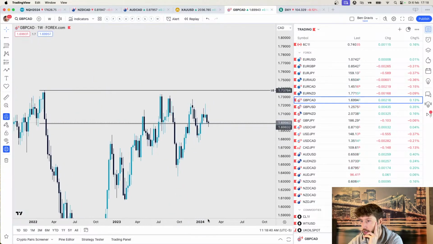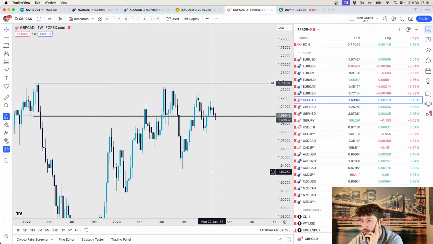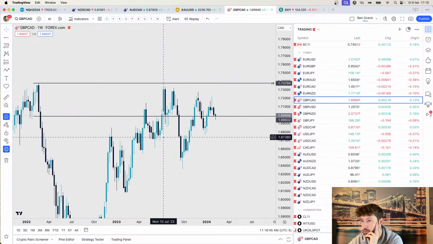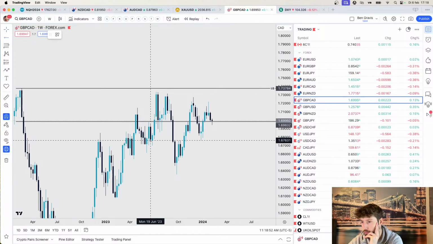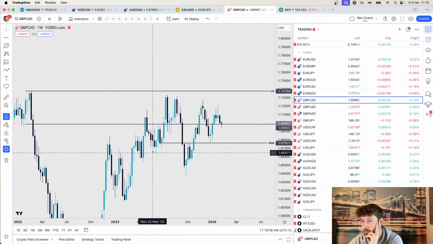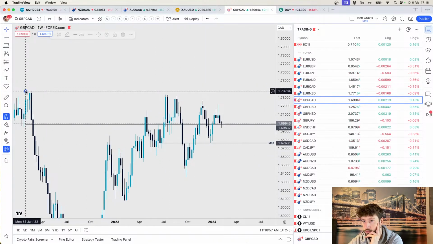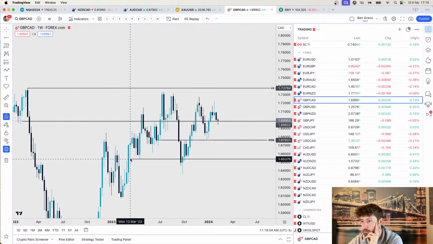On the weekly, we had a break in market structure here. Then we took out the equal lows here.